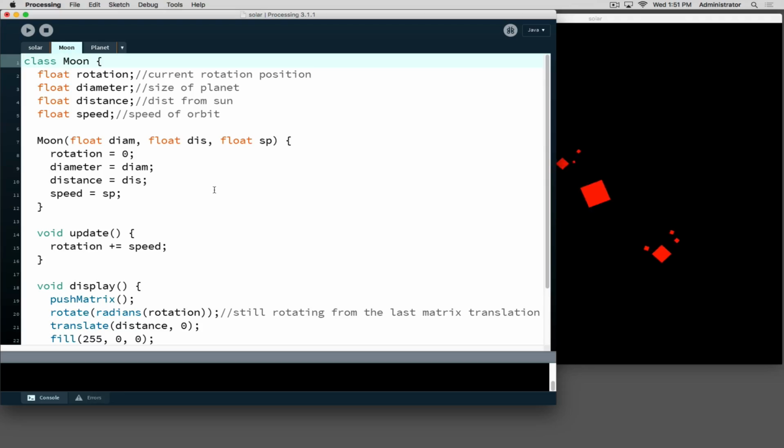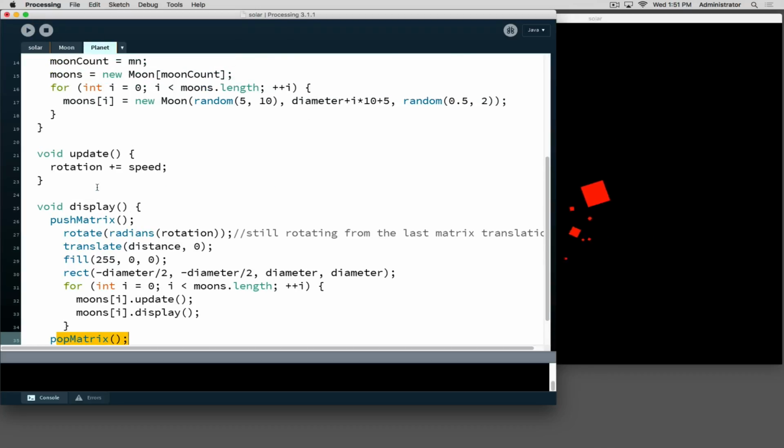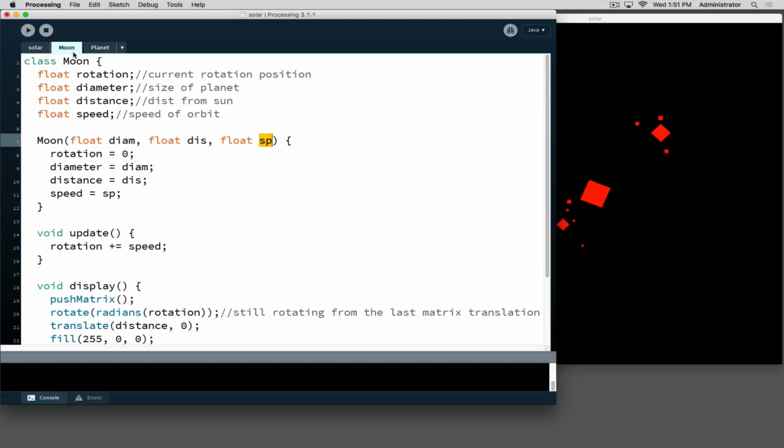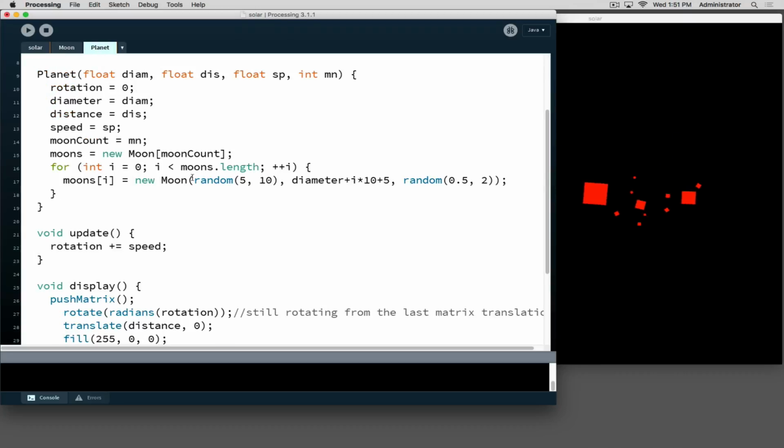Now, when we look at the moon, we'll see that when a moon is created, it's given a diameter, a distance from the center, and its speed. So if I go back into my planet class, we will see that when a new moon is created, the moon is given a diameter, distance, and speed.